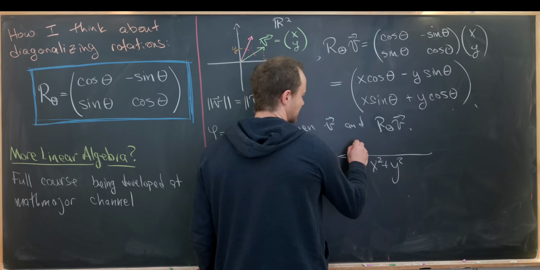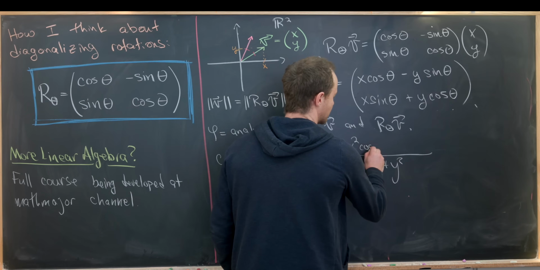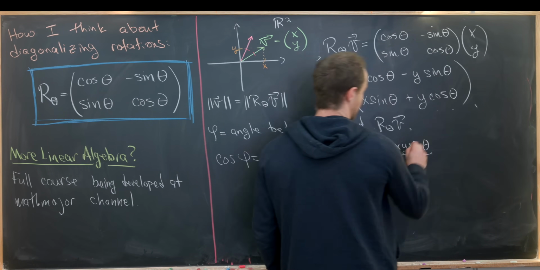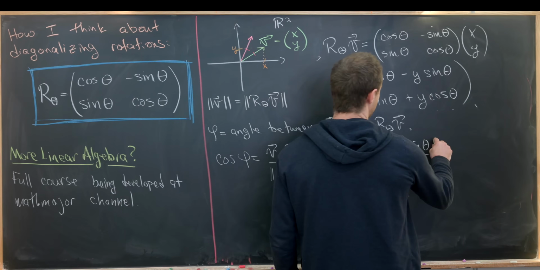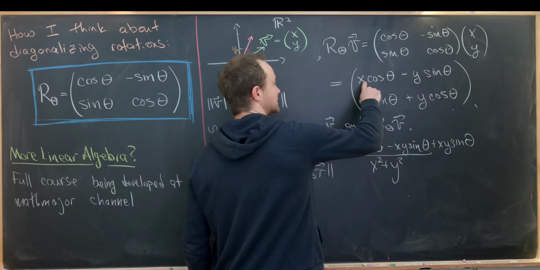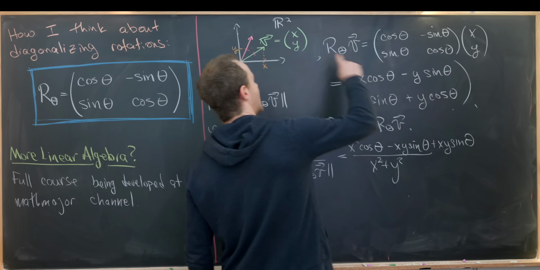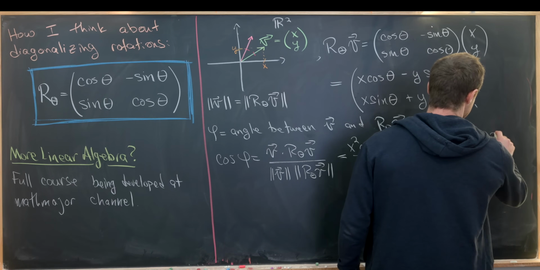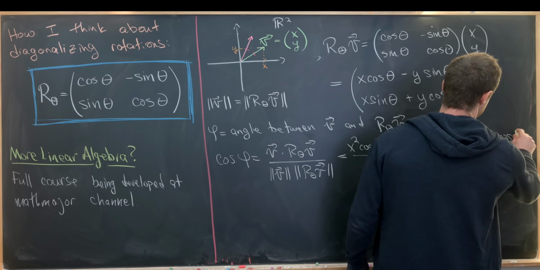So that'll give us something like this. X squared cos theta minus xy sine theta. And then we'll have plus xy sine theta. Again, we multiplied this by x, this by y. Again, that's just by the definition of the dot product. Plus y squared cosine theta.